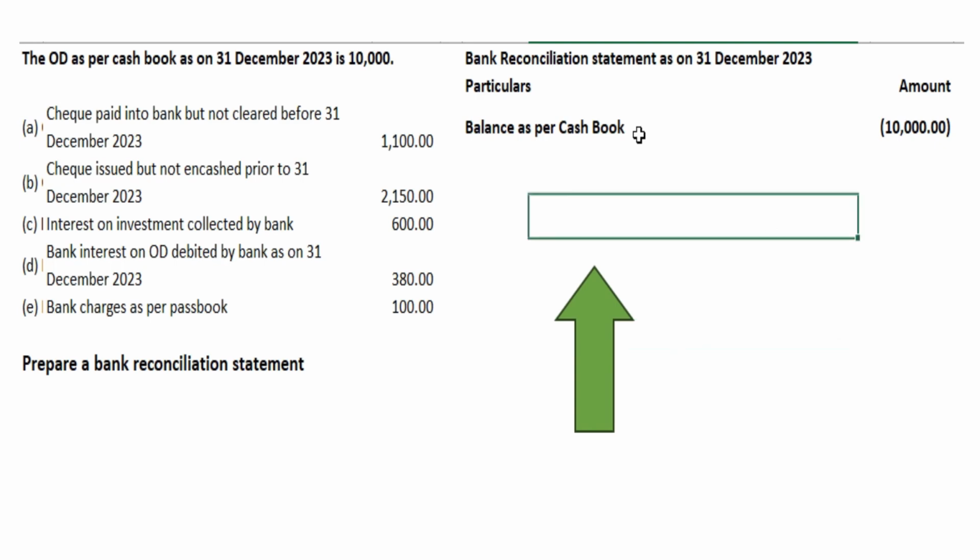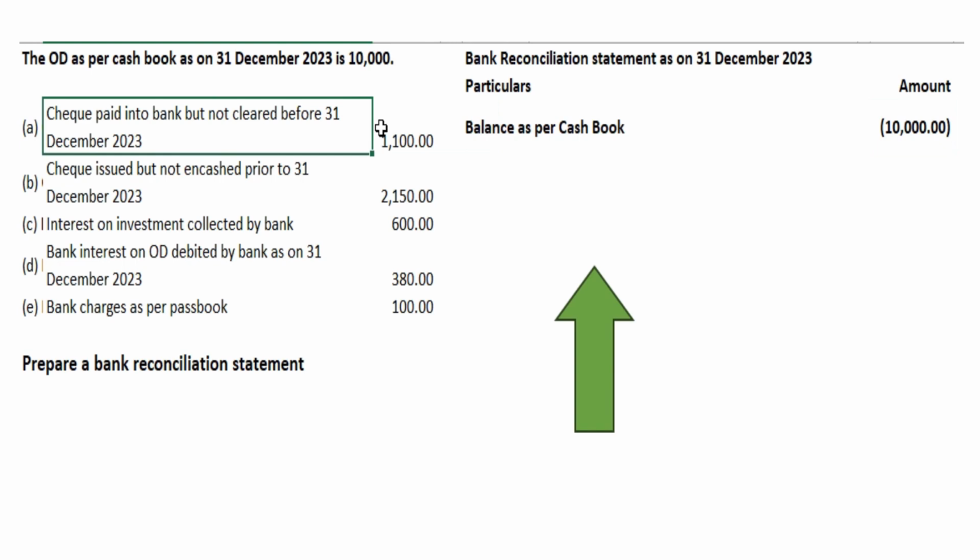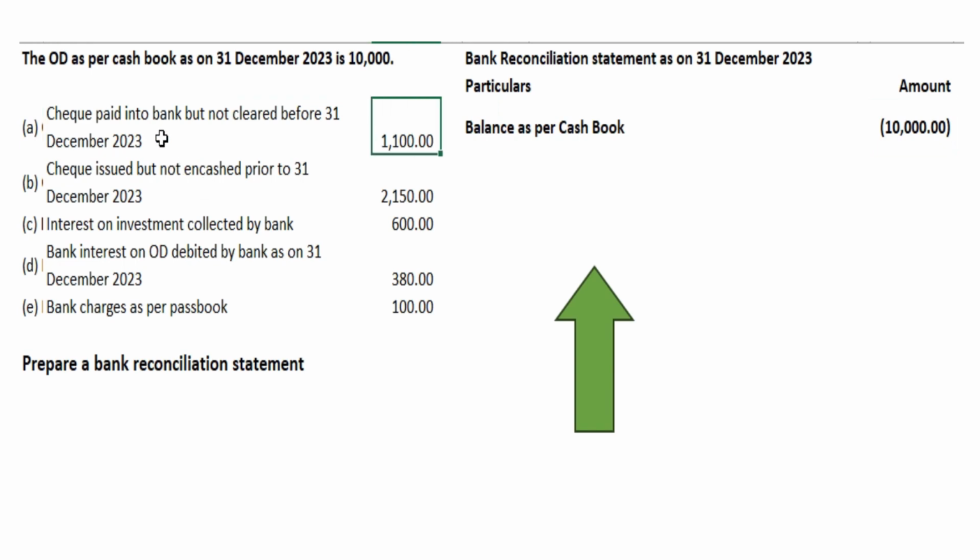Now we are preparing the bank reconciliation statement. We have taken balance as per accountant's books. We need to reach the balance as per passbook. For that, we need to think what the bank has done as far as this transaction is concerned. Bank has done nothing because it is not cleared.